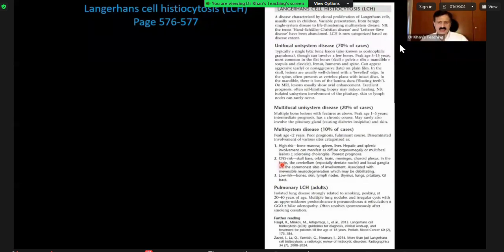In CNS, there can be involvement of many things, but remember things like skull involvement, meningeal involvement, etc., particularly the involvement of the infundibulum. Then there is an adult type, which is unlikely to come in the exam.